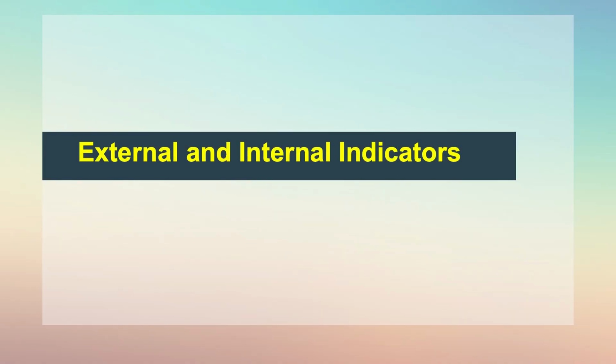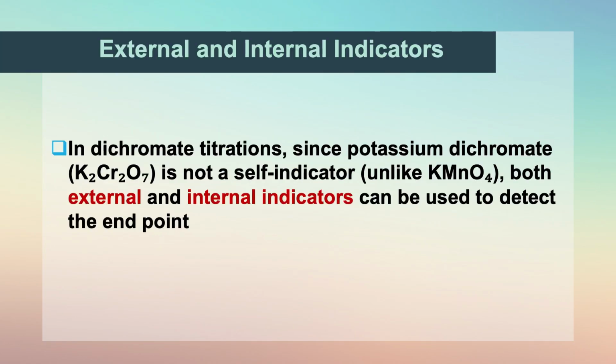External and internal indicators. In dichromate titrations, since potassium dichromate K2Cr2O7 is not a self-indicator, unlike KMnO4, which is a self-indicator, we require external or internal indicators.